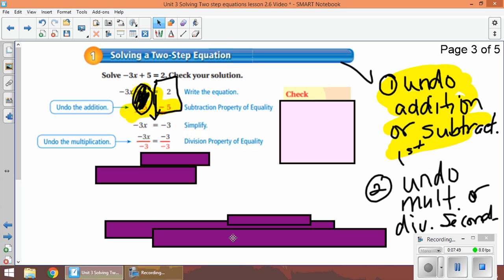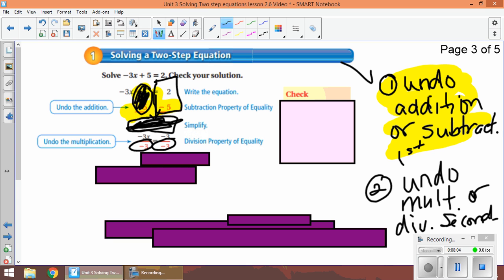For some reason they rewrote this part again. So if you're confused like I was, don't be. Just ignore that because they rewrote it again. So the inverse of timesing by negative 3 is dividing by negative 3. I'll erase it so you can see it.